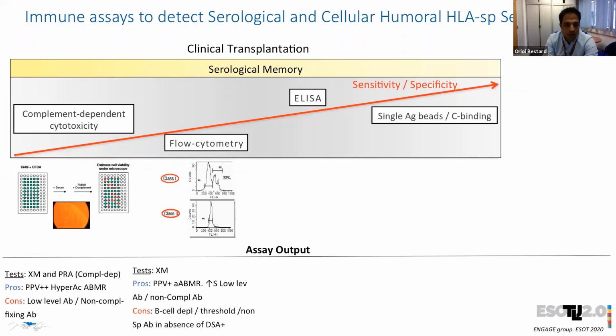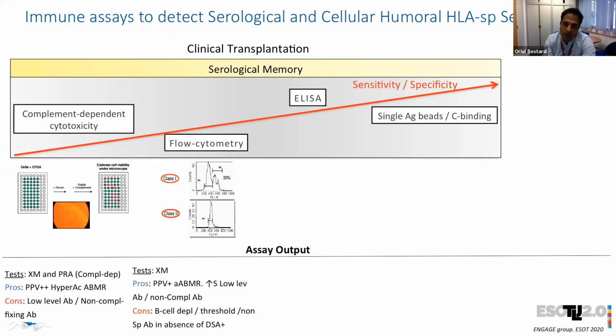I'm not going to go through them, but we know that a positive complement CDC cross-match has a very high positive predictive value for the risk of hyperacute antibody-mediated rejection. The flow cytometry cross-match also gives us a high positive predictive value for acute ABMR.